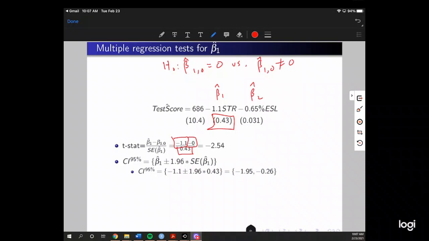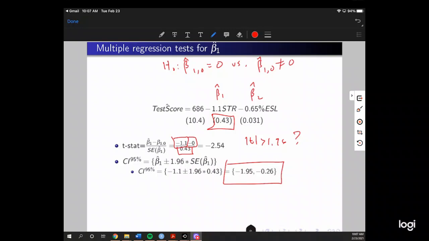So again, can we reject this at a 95% confidence level? Is the absolute value of the t-stat greater than 1.96? Indeed it is. 2.54 is greater than 1.96, so we can reject it at a 95% confidence level. Let's construct our confidence interval. We'll get negative 1.1 plus or minus 1.96 times 0.43, and so when we do this calculation we get negative 1.95 to negative 2.26.